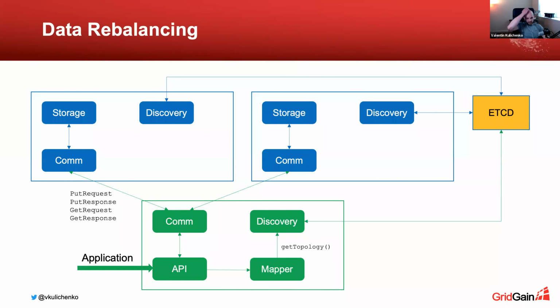So this is usually called data rebalancing, which is basically what I've just described. Rebalancing is the process of data redistribution, data reshuffling among the nodes based on the current topology. And what we want from the rebalancing process is to make sure that the data distribution is consistent with the request routing mapping, right?